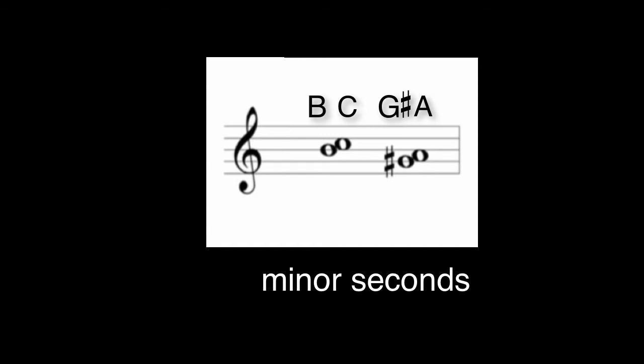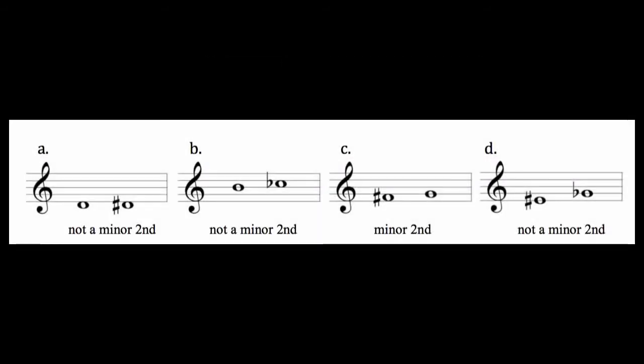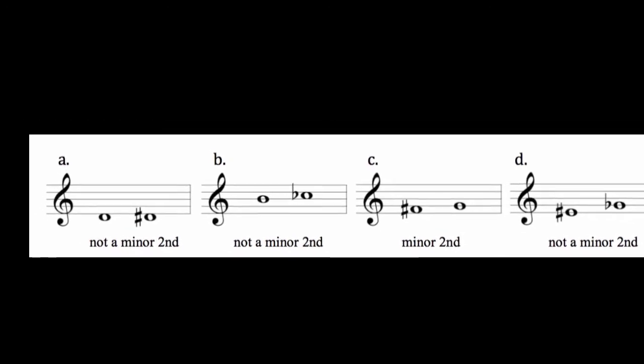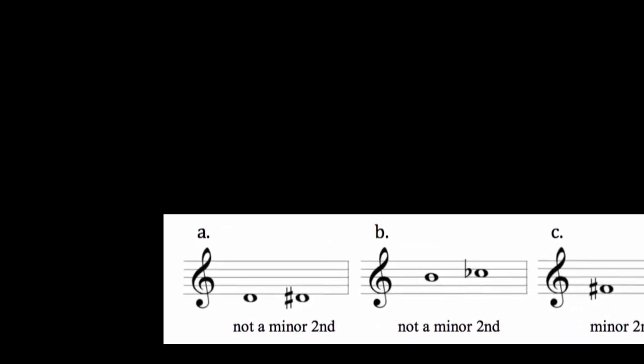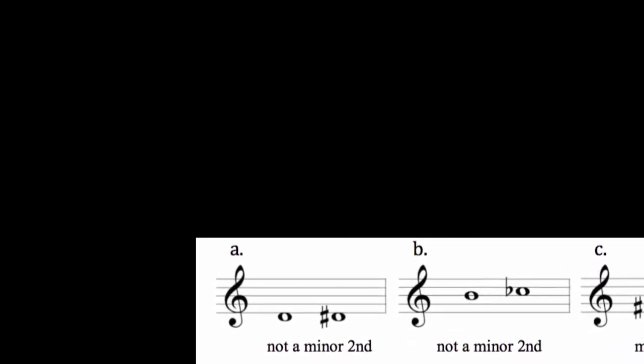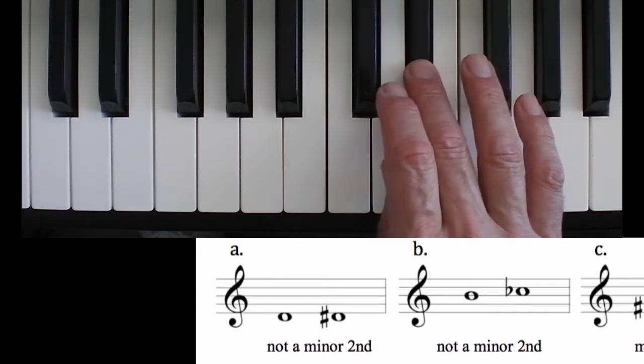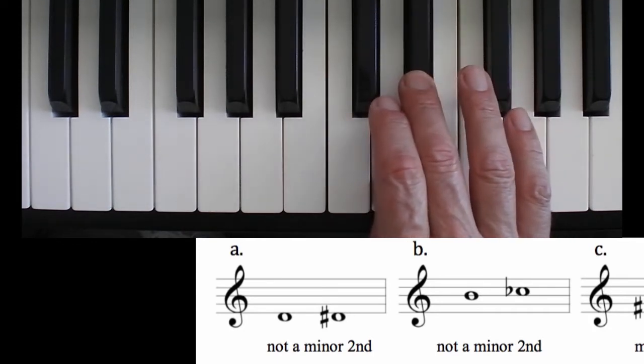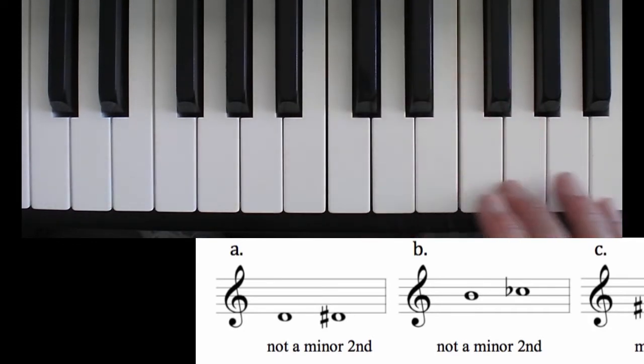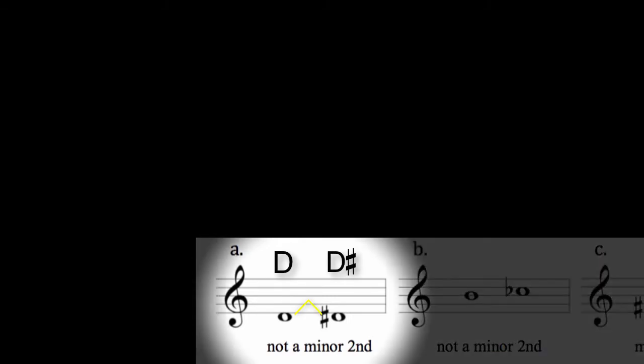Now it will be necessary to consider the accidentals carefully when applying these labels. In the examples you are seeing, only one of the intervals is a minor second. For each, we test both criteria before identifying it as a minor second. In example A, it is a half step, but it is not a second.